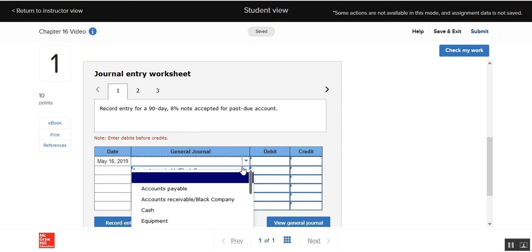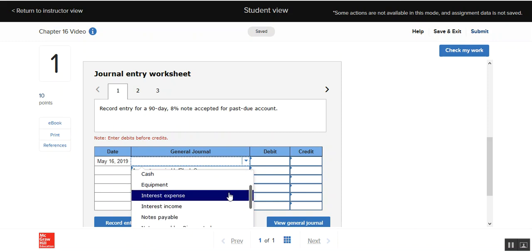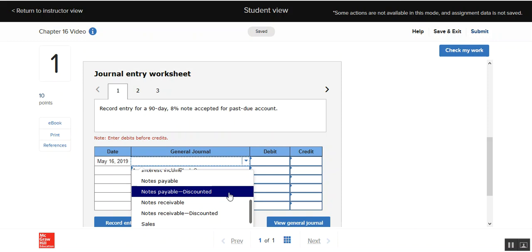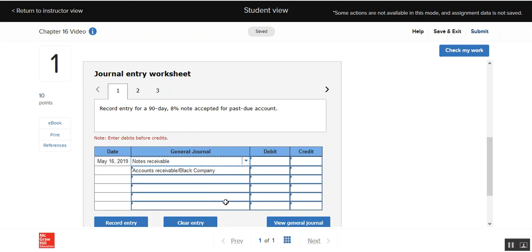Instead of having an accounts receivable where we bill this person every month or every 30 days or whatever, we're issuing a notes receivable in exchange for that accounts receivable, and we're planning on getting that at the end of the 90 days along with the interest. So it's probably somebody that's behind on their payments, and we've restructured that.